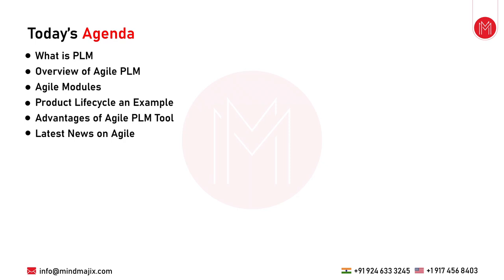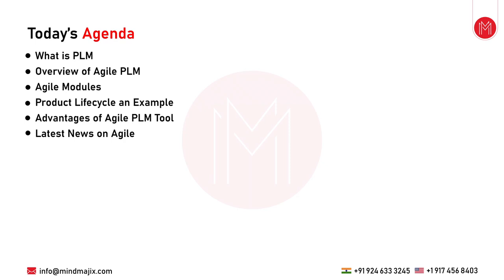Then we'll look into Agile modules, then some examples of lifecycle products. For these examples, I'll try to share my screen and show how a product goes through the product lines and what new BOMs we add to that product. BOMs basically means bill of materials. All these attributes and information I'll share with you in coming slides.